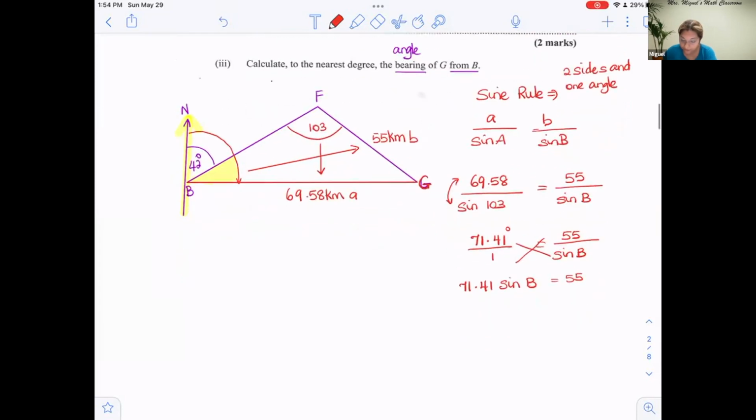I am going to solve for B, so I have to divide both sides by 71.41. This is going to cancel. So B is equal to sine inverse of 55 over 71.41. Work it out.